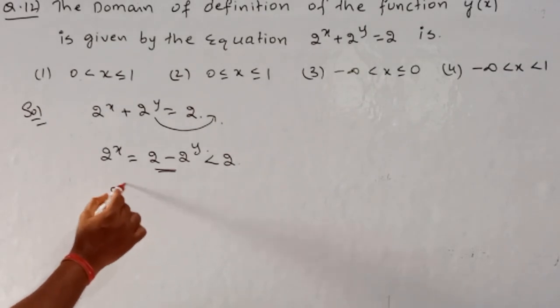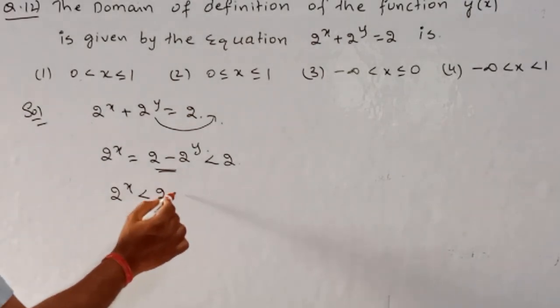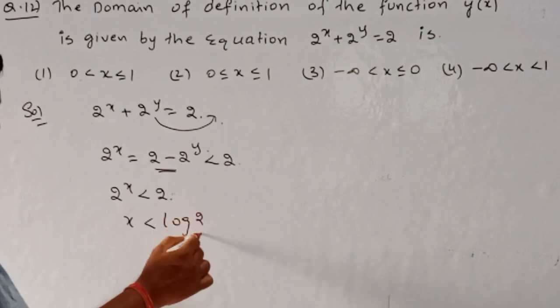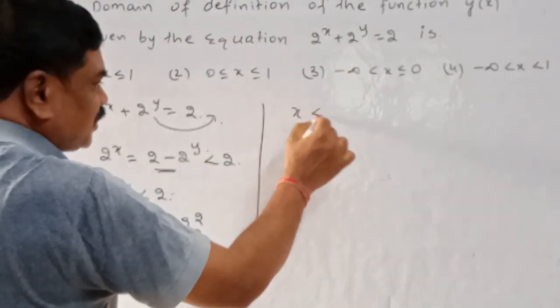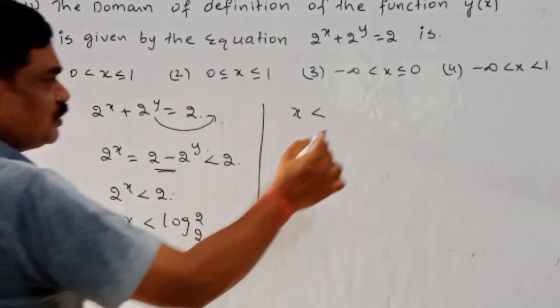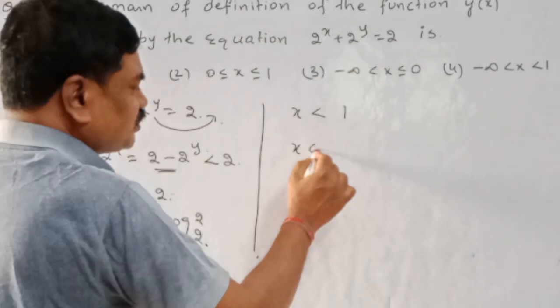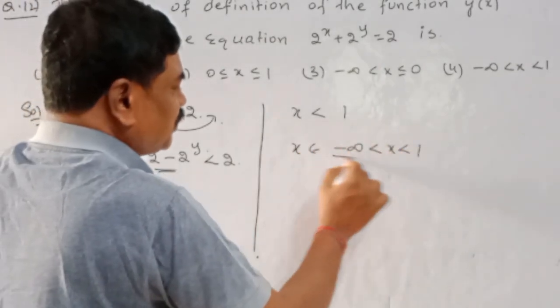So 2 power x is less than 2 satisfies this condition. So by applying logarithm, x is less than log 2 base 2. So x is less than log 2 base 2, which is equal to 1. Means x belongs to minus infinity less than x less than 1.